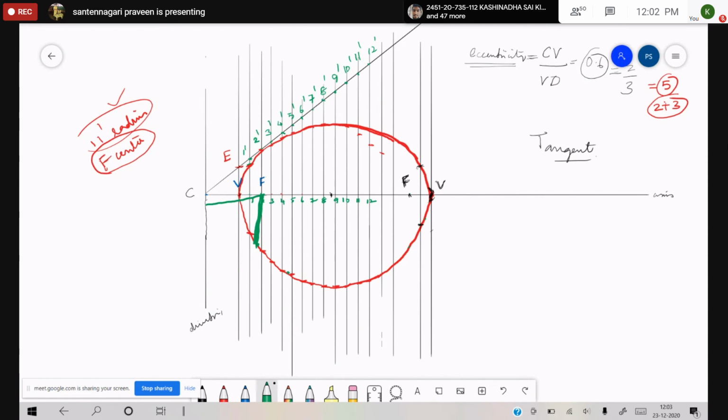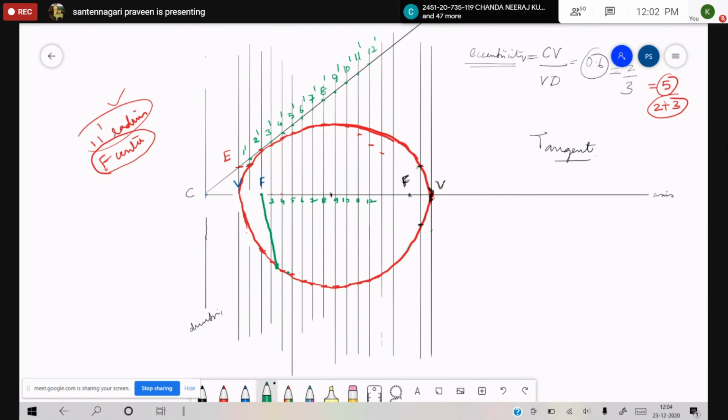Say this is the line. It is perpendicular, or else I'll make it with scale. I'm taking some point here for more legibility. This is a focus point. So this is the line we have joined.